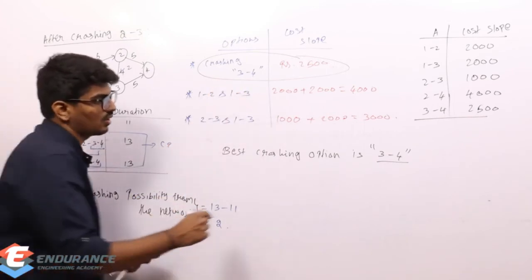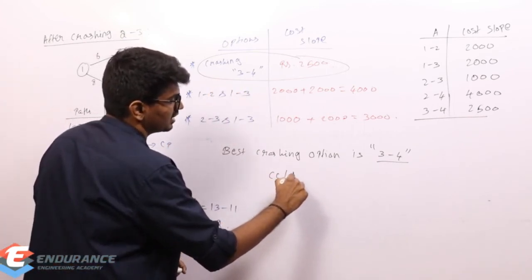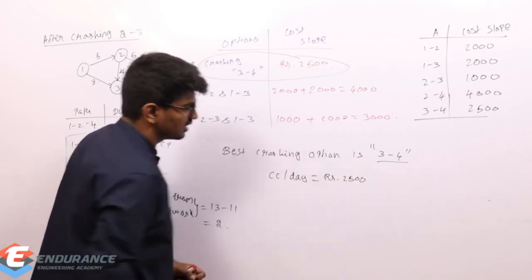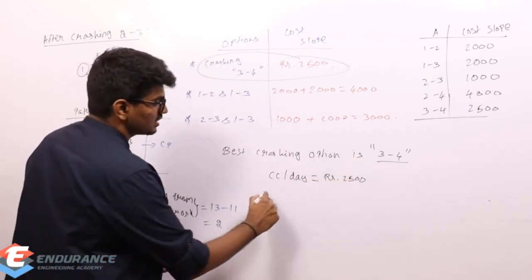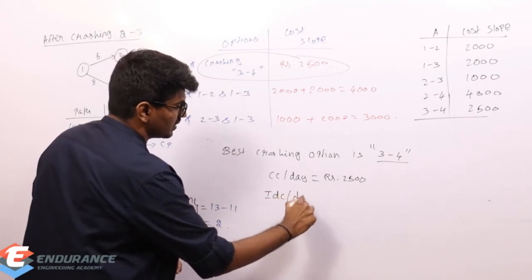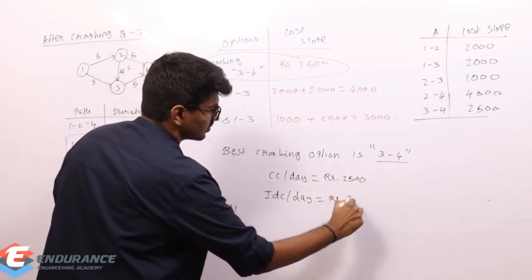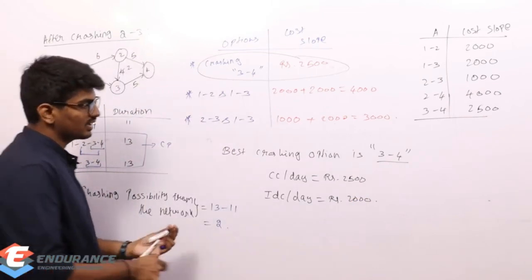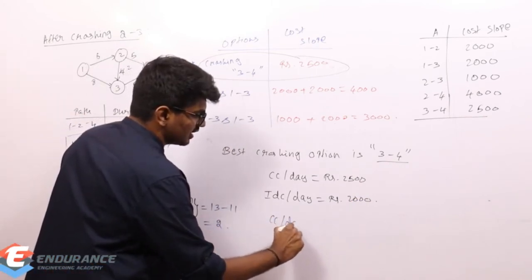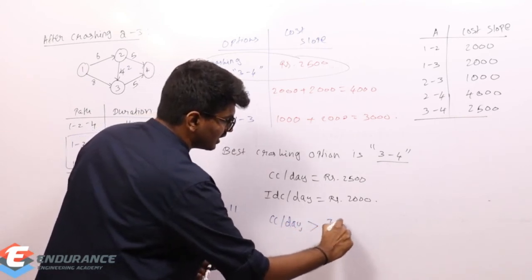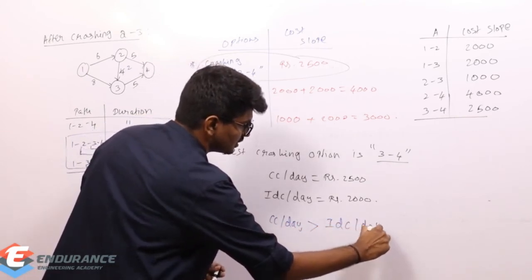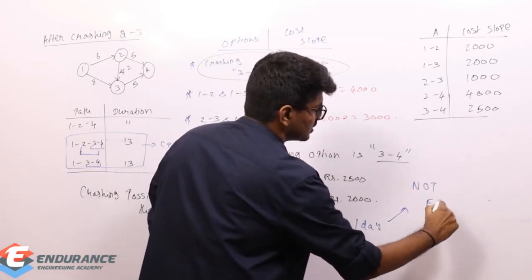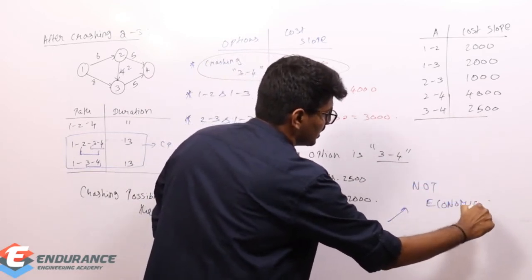But is this crashing economical? The crashing cost per day is rupees 2500. And what is the indirect cost per day? If you remember, indirect cost per day is rupees 2000. So the crashing cost per day is greater than the indirect cost per day, so it is not economical.